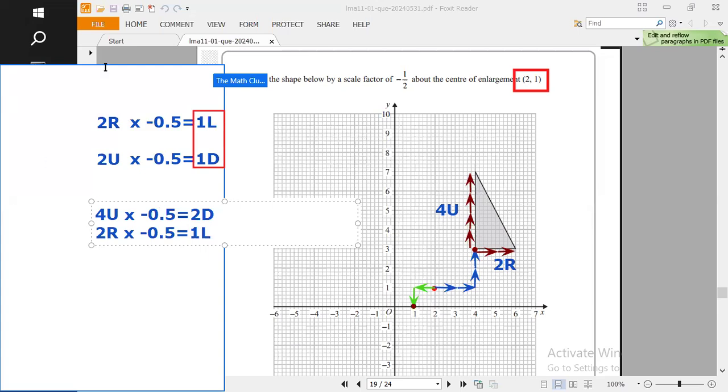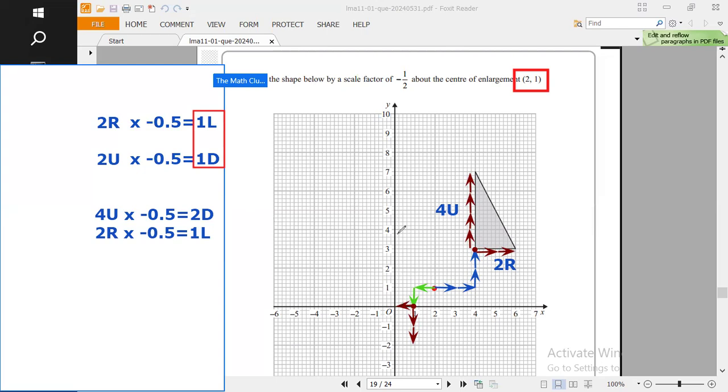Now, these two movements will help me find the places of these 2 points. I'm going to follow them like I did with the first movements. So 2 down from this point: 1, 2. This is the first point. And the other point, from the same point, 1 left, which is over here. Now I found the 2 points of the shape.